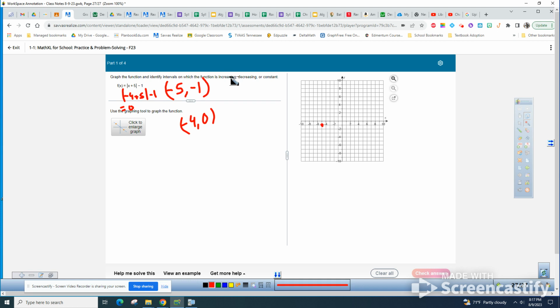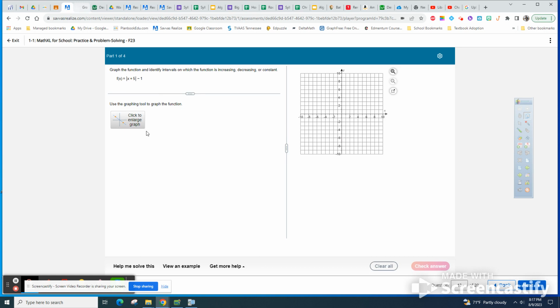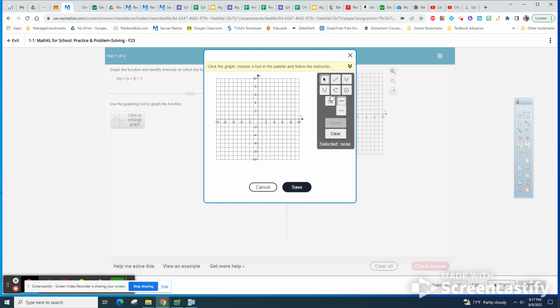Well, shooey dooey. This one's asking for increasing and constant. So I guess I really should do this with you because that is different. So I'll help us finish this up. Okay, so we got our vertex we said was -5, -1. And we said -4 is 0.